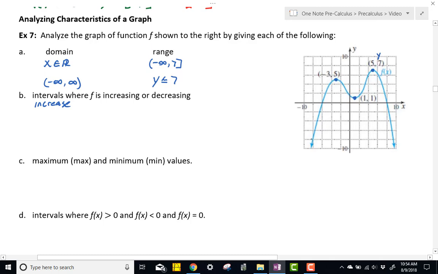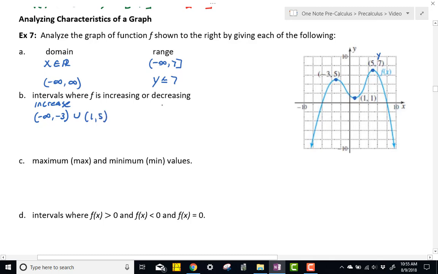I'm increasing from the left side, from negative infinity all the way over to negative 3. So negative infinity to negative 3, I'm increasing. Along with that, I start increasing again at positive 1, and I increase all the way until x is equal to 5. So positive 1 to positive 5.